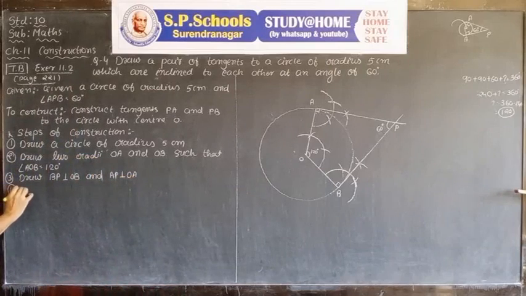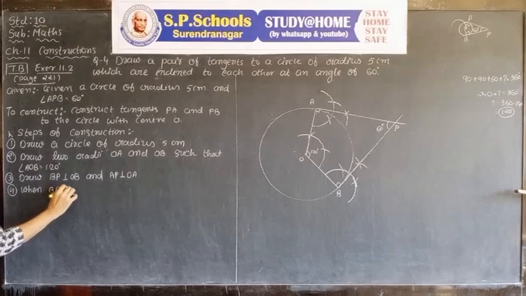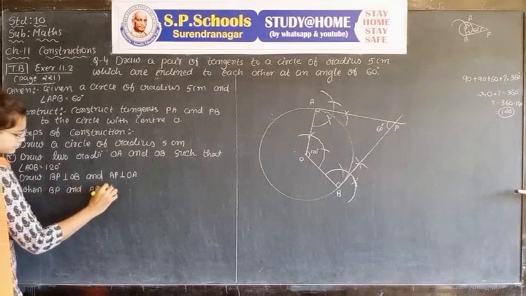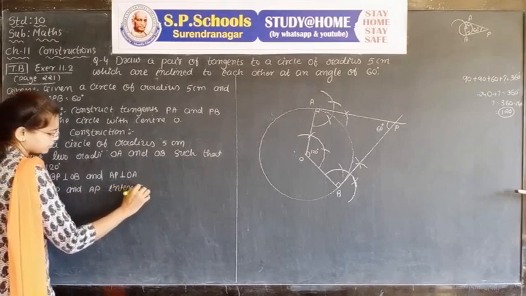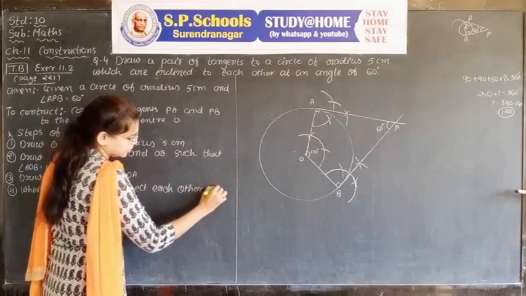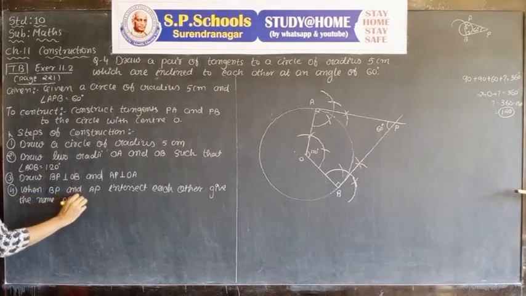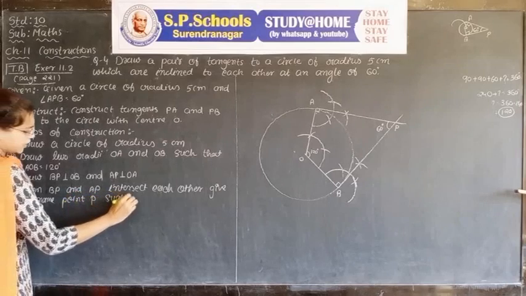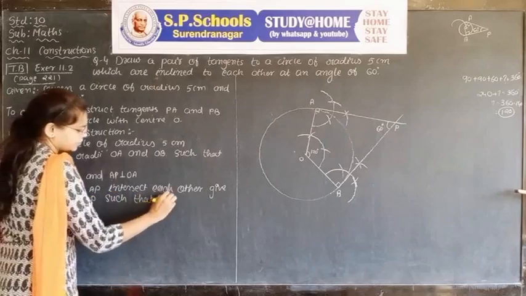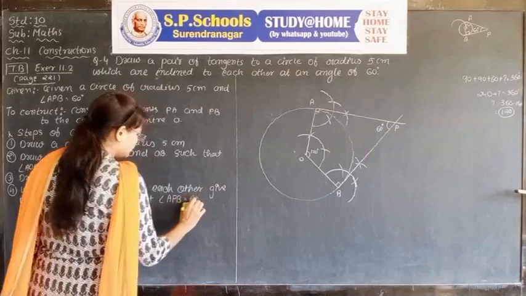Fourth step, when BP and AP intersect each other, give the name point P such that angle APB is equal to 60 degrees.